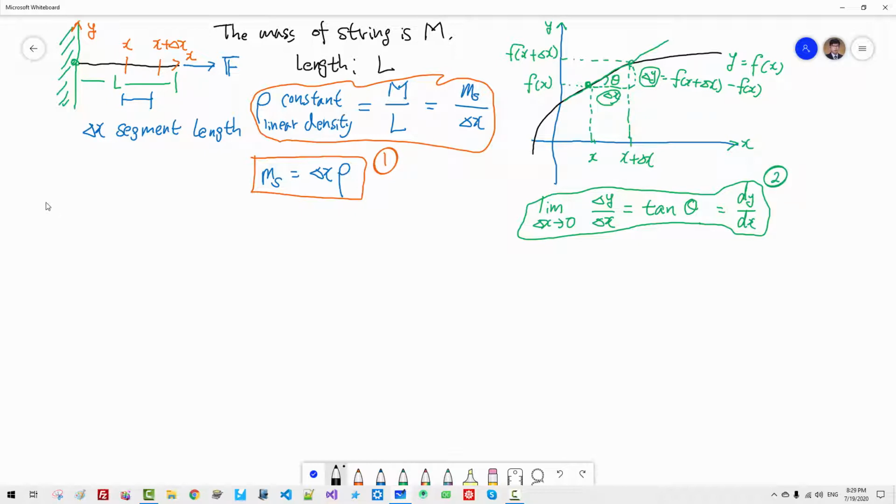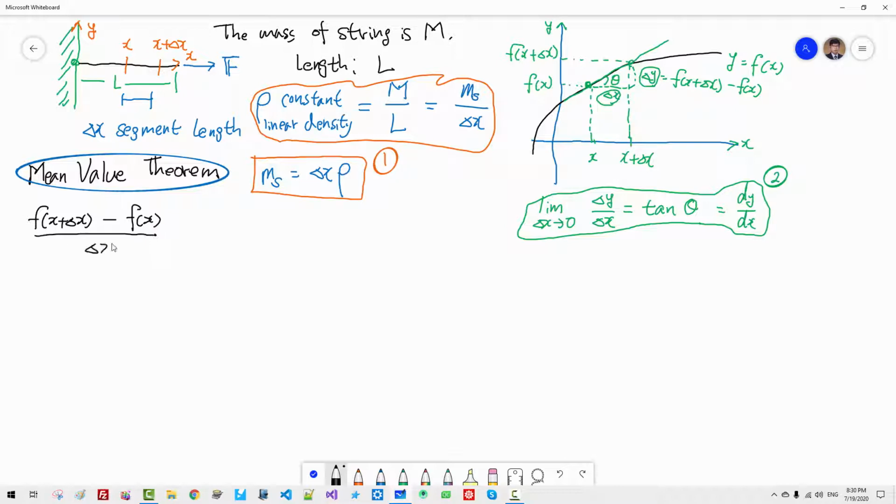In high school, we also learned something called the mean value theorem. The mean value theorem plays a very important role. The mean value theorem says that f(x plus delta x) minus f of x, over delta x, equals df(x bar) over dx, where x bar is greater than x and less than x plus delta x.